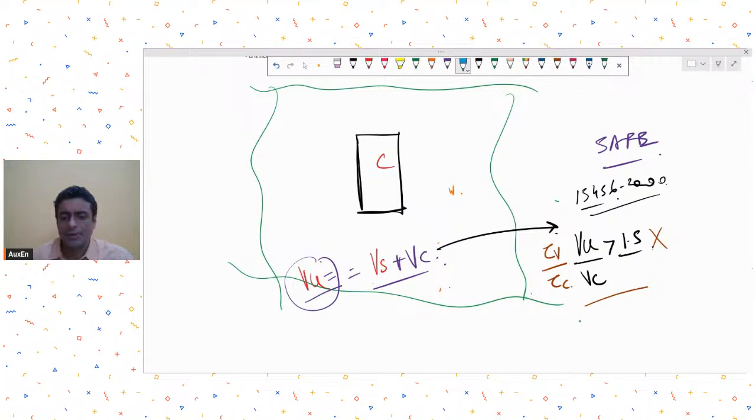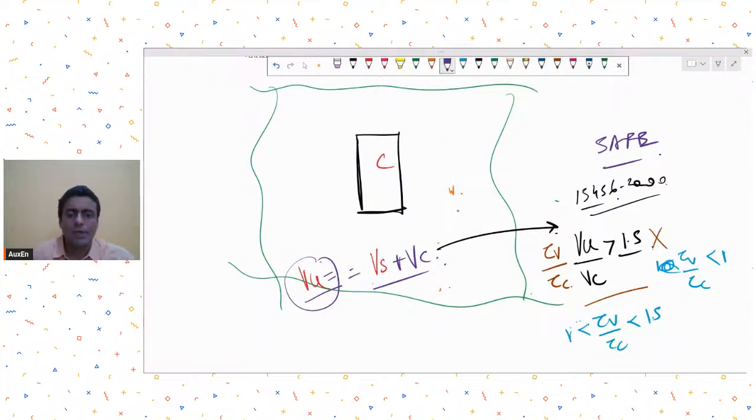If your ratio of tau v upon tau c is between 1.5 and 1, then you can provide punching reinforcement in case you don't want to increase the slab thickness or raft thickness. And of course, when this ratio is less than 1, you don't need to worry about any punching reinforcement because concrete itself is able to take all these shear stresses.